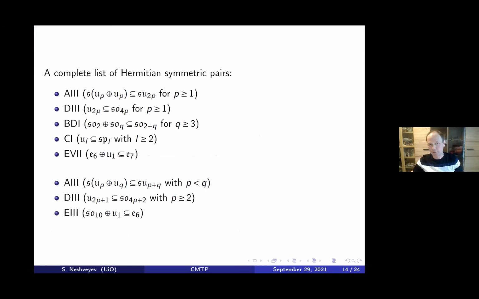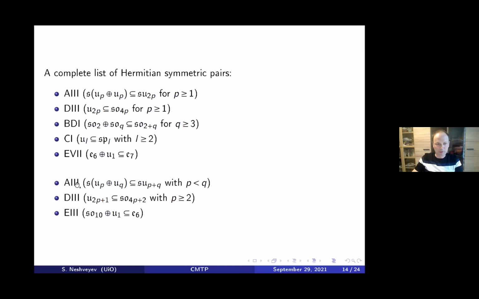To be concrete, here is a complete list of such symmetric pairs at the Lie algebra level. I separated them into blocks, and we may not see very well the reason why it is done, but in fact I could have separated them into spaces with somewhat different properties.